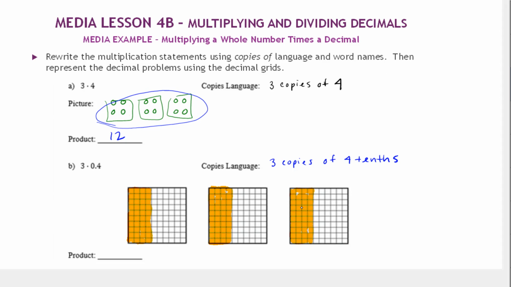Now, just like we combine the 3 copies of 4 ones, we'll think of combining these 3 copies of 4/10 together. So we have 4, 8, 12 tenths.